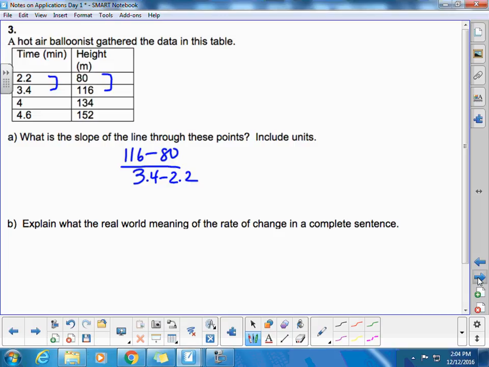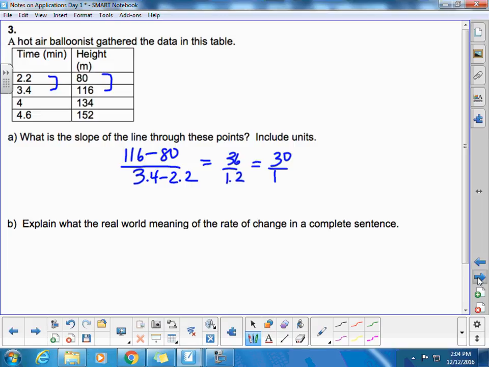If I do that, 116 minus 80 is 36. And 3.4 minus 2.2 is 1.2. And because we don't really like decimals in a fraction, if you reduce this, you get 30 over 1.